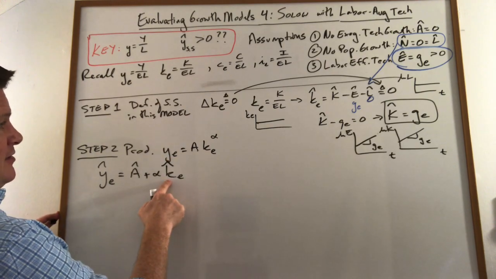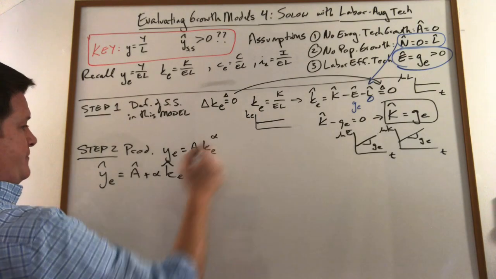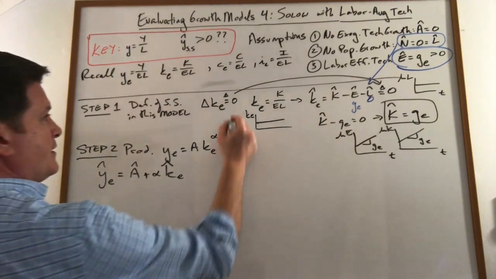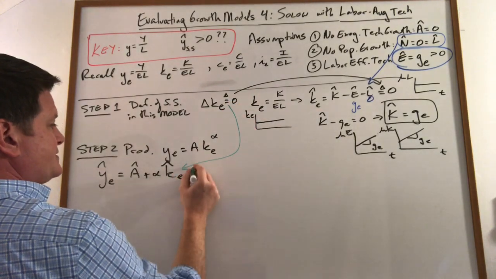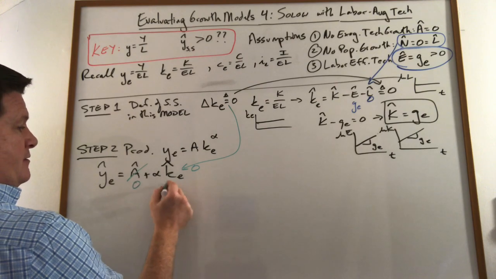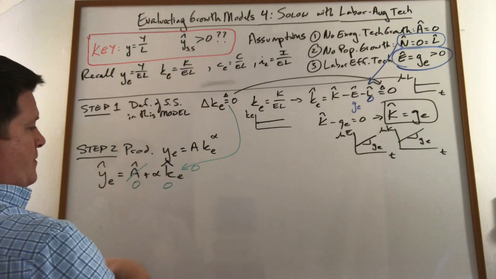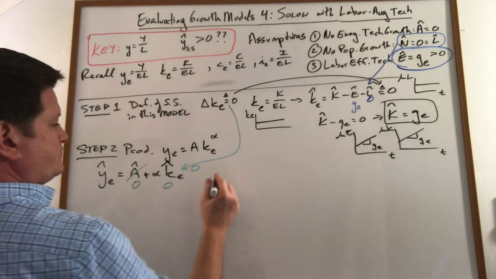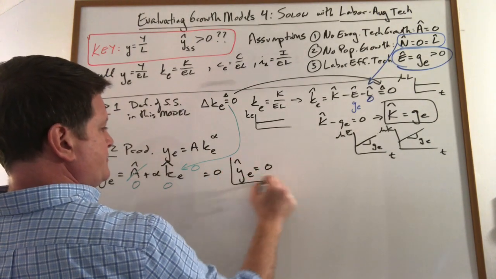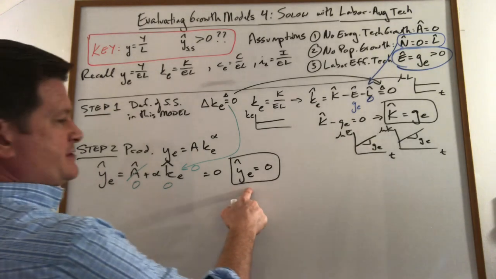And this is 0 by definition here. So let me use green here. That is 0, and this is 0 by definition. So Y hat E is 0. Looks a lot like the original Solow model.